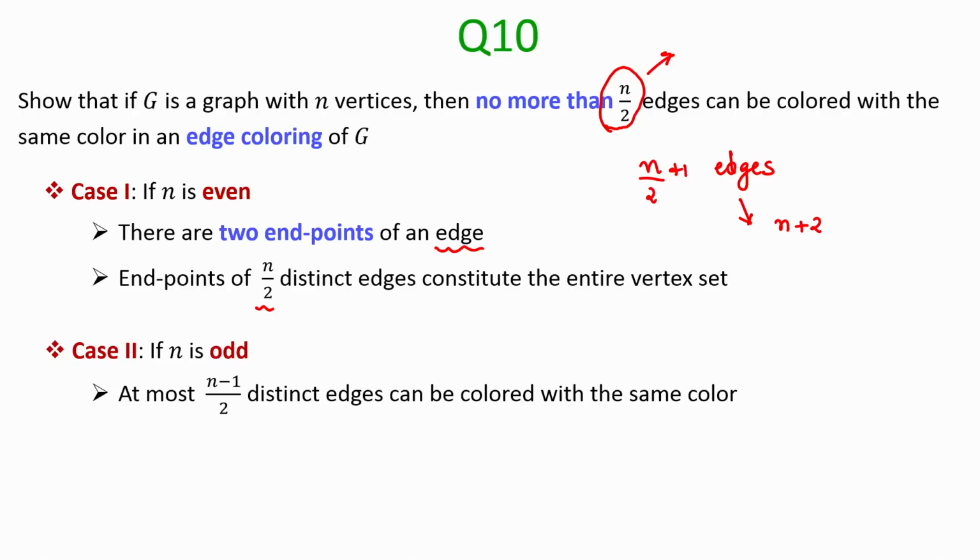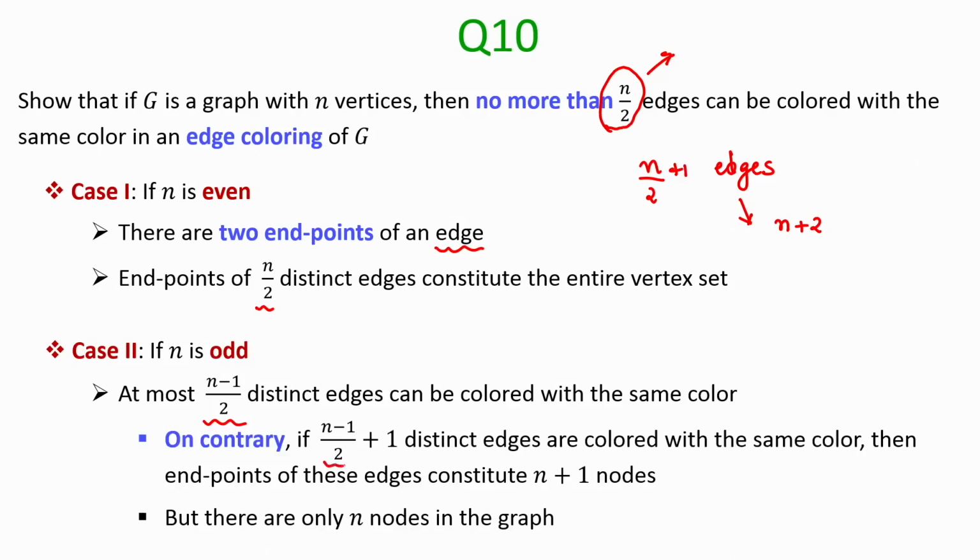So, n by 2 in the context of an odd value of n will be (n minus 1) over 2, and indeed it is easy to see that I can't use a single color to color more than (n minus 1) over 2 distinct edges, because if I try to color (n minus 1) over 2 plus 1 distinct edges, then their endpoints will constitute n plus 1 nodes, but my given graph has only n nodes. So, that is the maximum number of distinct edges which can be colored with a single color.